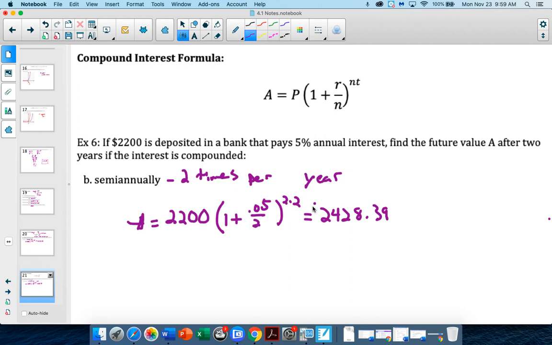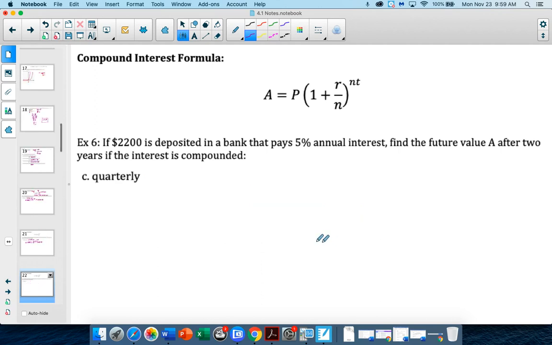Okay. Let's do the same thing now for quarterly. Quarterly is going to mean 4 times per year. Okay, so again, same formula. The only thing I'm changing now is I'm putting in 4 for my n.